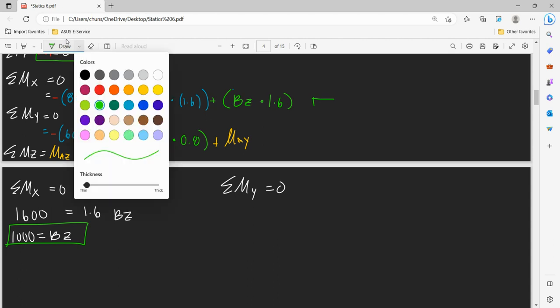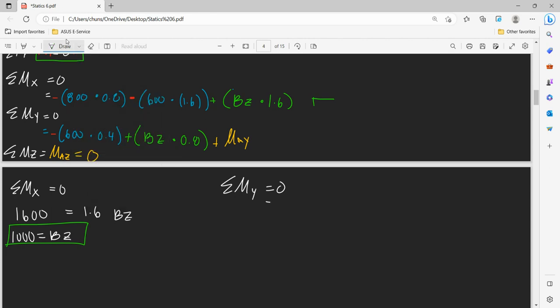Okay, so let's isolate for the MAY, so moments about AY is equal to, this is positive 600 times 0.4, so it's 240, and minus, we found out what BZ was, so that's 1,000 times 0.8, and that's minus 800.